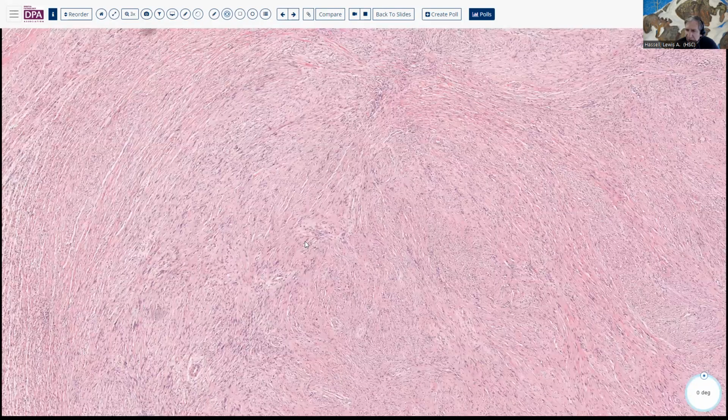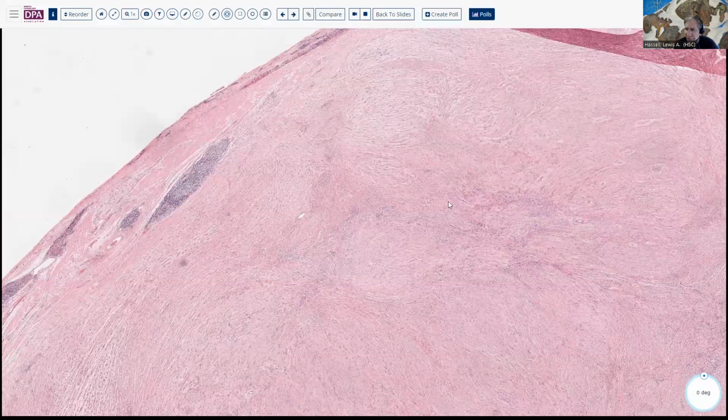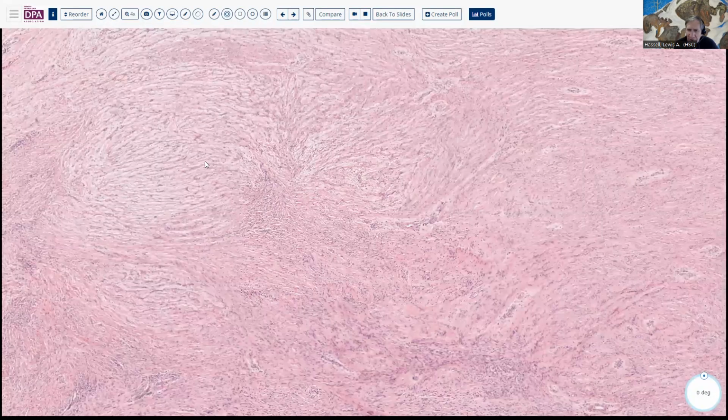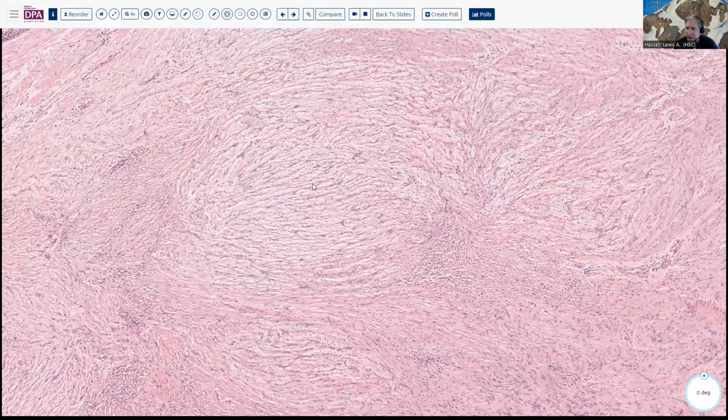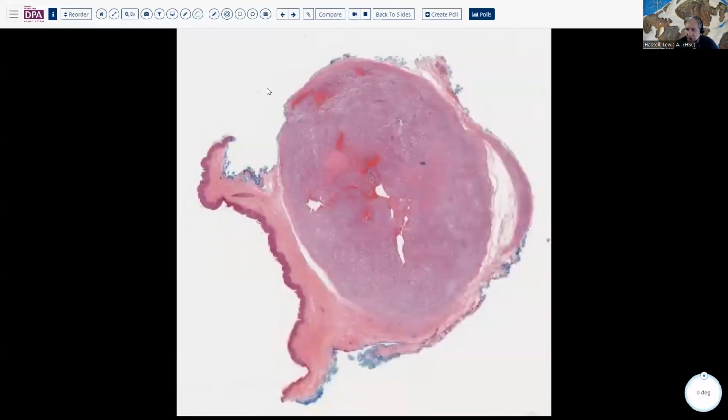So if you see a needle biopsy from a mural mass in the GI tract and you've got this little cuff of lymphocytes, don't just jump right to GI stromal tumor, but consider that as a potential marker of schwannoma. And gastrointestinal schwannomas are one of the subtypes that can be seen in this lesion. Not as common as other types.